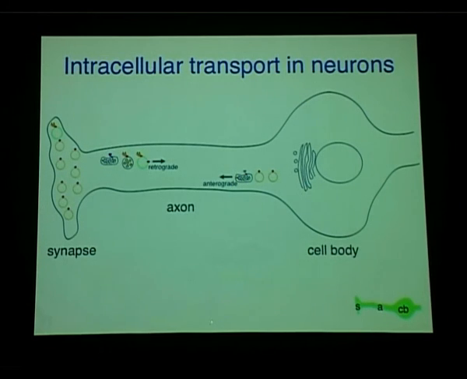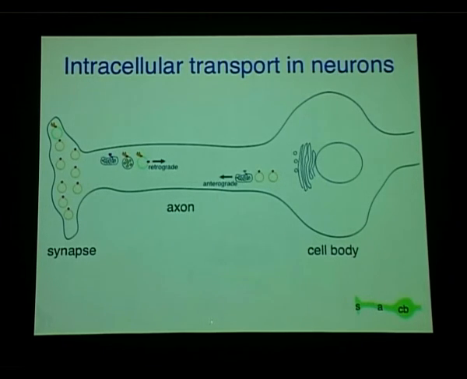Axonal transport is necessary in all neurons. It's fundamental for the formation and function of the nerve system of which the brain is part. And defects in axonal transport have been implicated in either initiating or in the progression of several neurodegenerative diseases. One example which Krishanu gave yesterday was ALS and Alzheimer's.